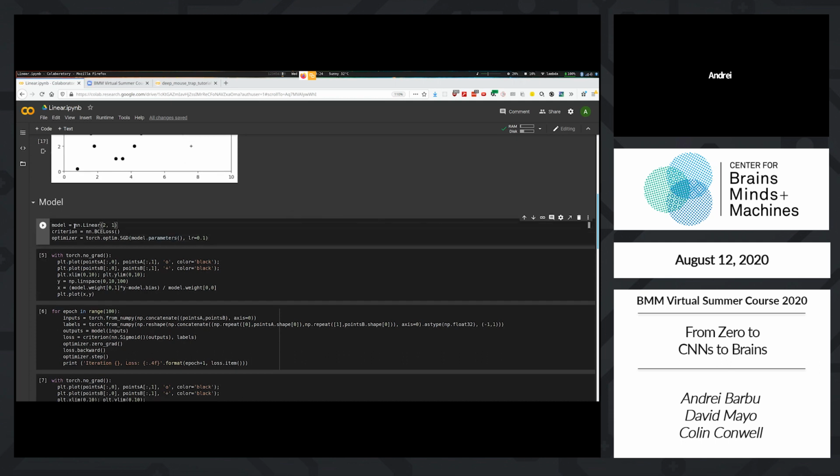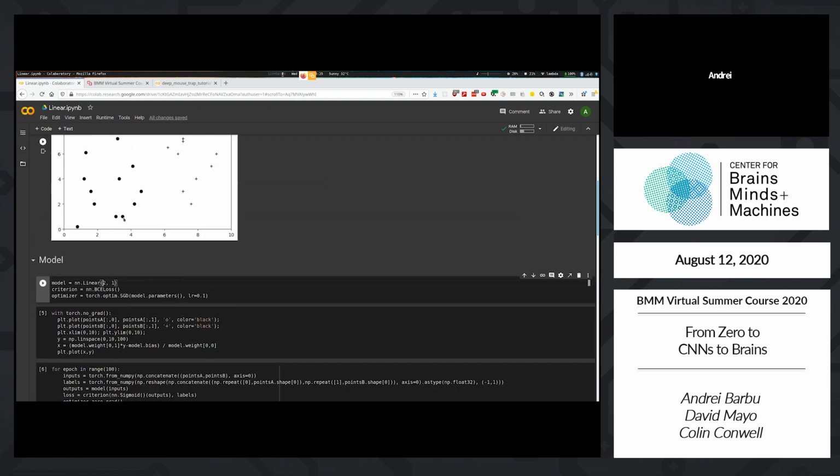So to get to the actual meat of the linear classifier, we're going to set up a very simple model. This is probably the simplest model you can possibly set up in PyTorch. And this is a linear layer that takes two inputs and has one output. And the two inputs are the x and y coordinate of every point. And the one output, well, we want to know essentially how far away this point is from our straight line.